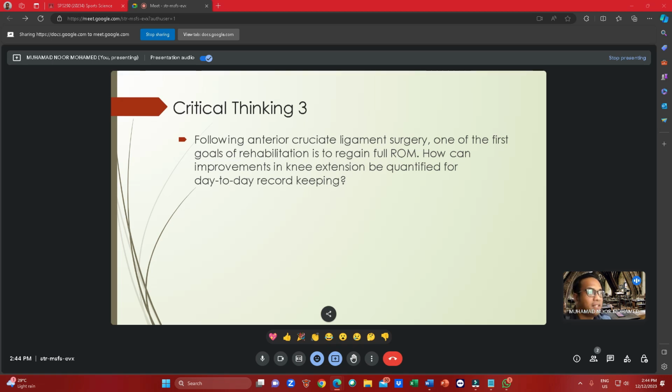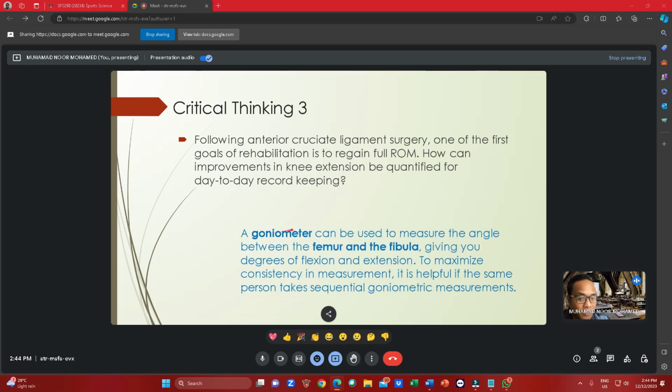After an ACL reconstruction, there will be some limitation, especially towards knee extension. So if we use knee extension, we are going to see an increment from day to day, angle to angle. Before, the angle increment is going to be less and it will be increased day by day. So it helps in day-to-day record keeping.